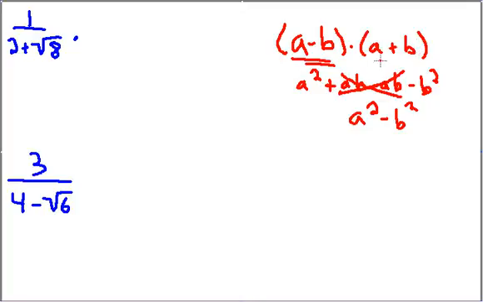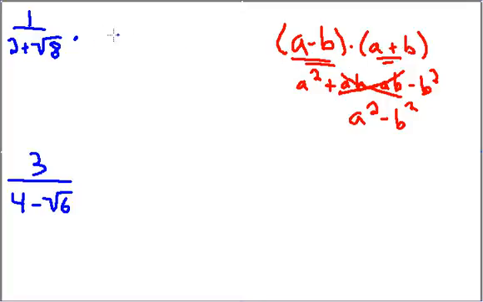Well, let's say instead we had started off with a plus b. What would we have to have multiplied it by then? A minus b. Using that same imagery, we can come over here and use that difference of two squares to find out what we need to multiply this by. 2 corresponds to A, plus radical 8 corresponds to B. So what do we need to multiply by?